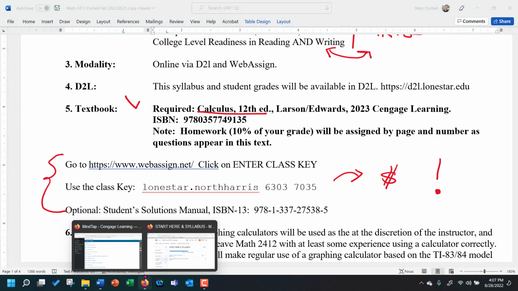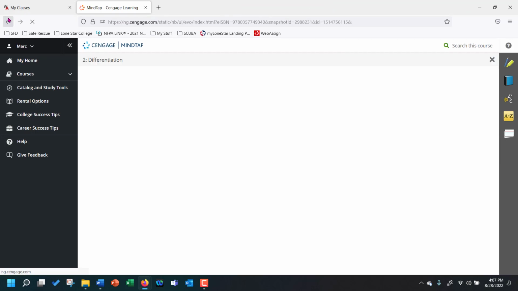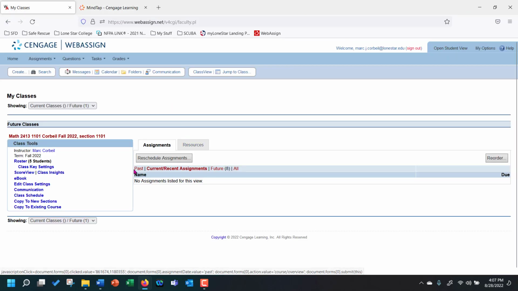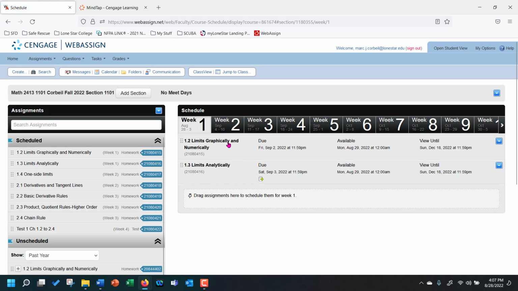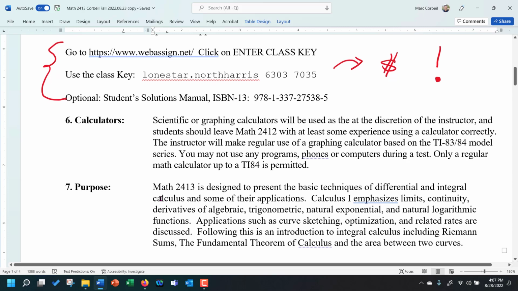So literally, as I go back to, let's see, our WebAssign here, my classes, I go to our class schedule. Your first assignment is due on Friday of this week, September 2nd. So you don't have any time to waste at all. You need to get on it right away. So that's an important thing for WebAssign.